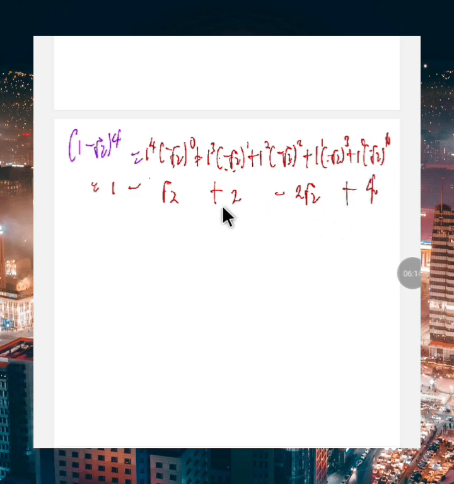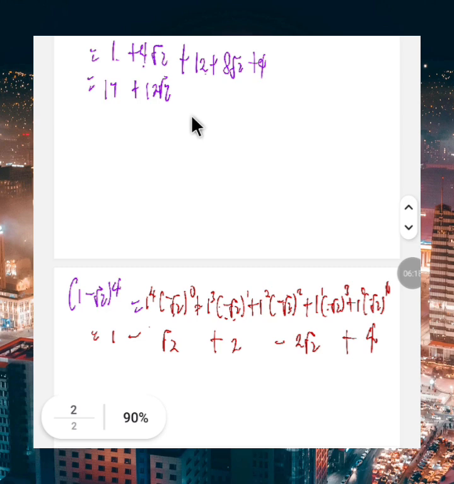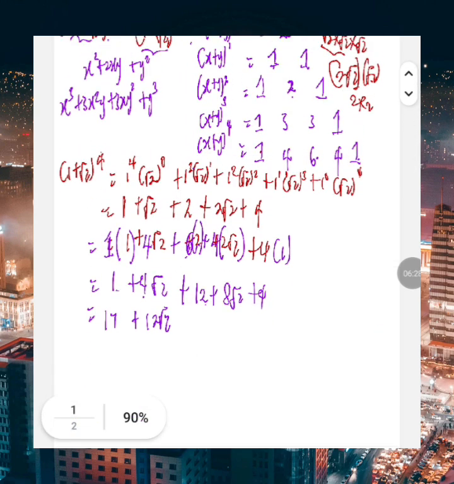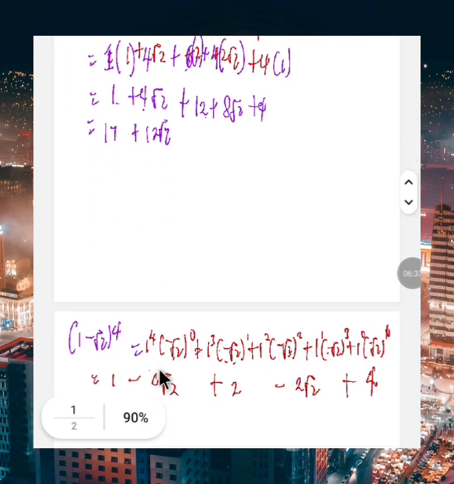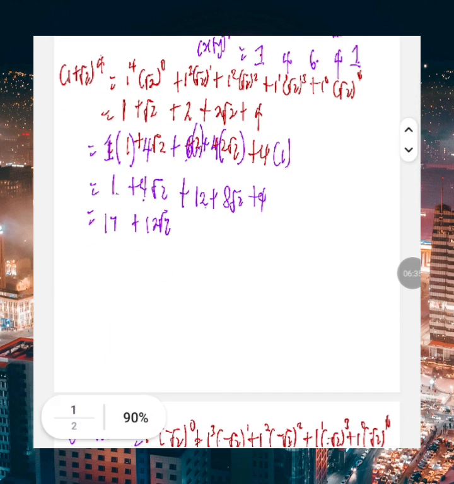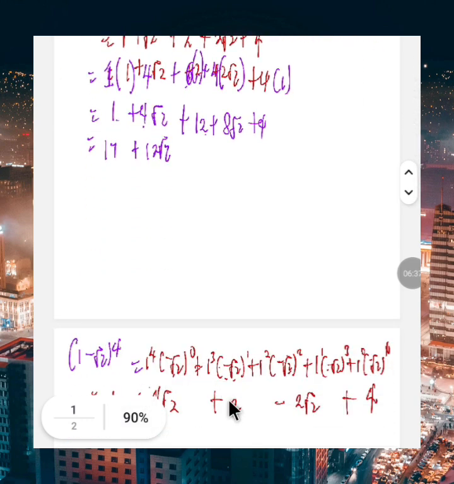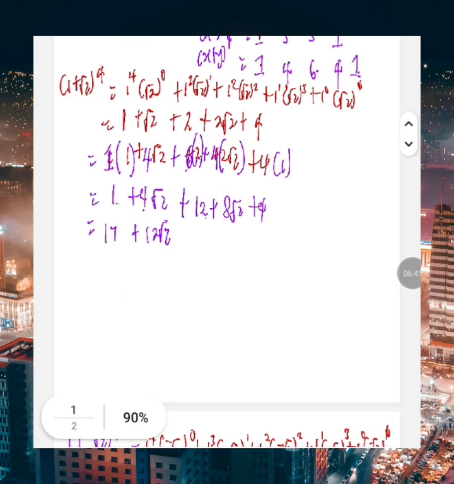Then you apply your coefficient. The first one is 1. The second coefficient is, let me check, the second coefficient is 4. So put 4 here. The next one is 6, so you multiply this by 6. The next one is 4, again you multiply this by 4.